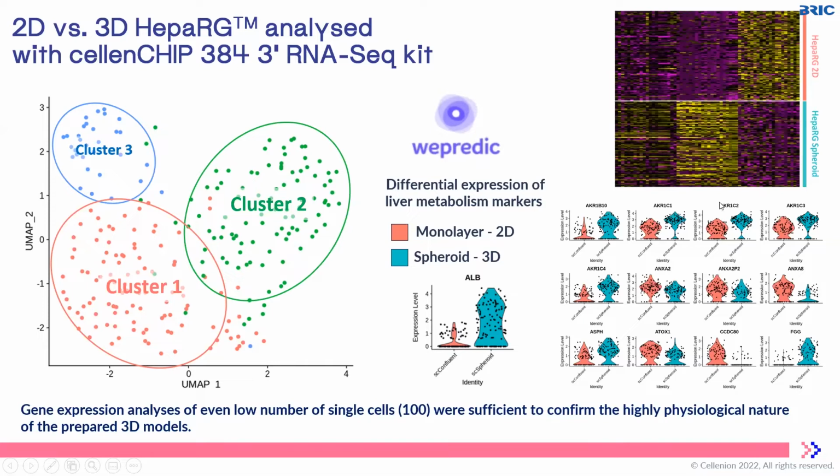As you can see, we noticed a lot of differences, and we were able to confirm that the cells cultured as spheroids were much more similar to liver tissue, with high expression of albumin and many other markers like gamma fibrinogen and so on.